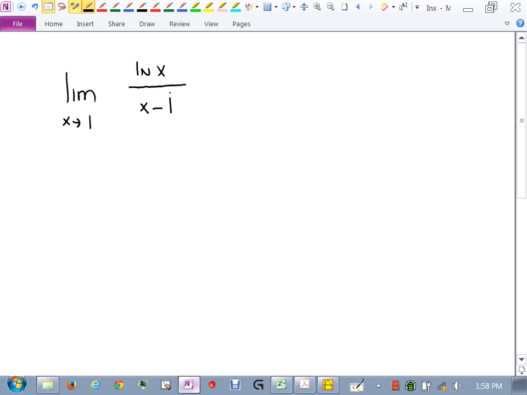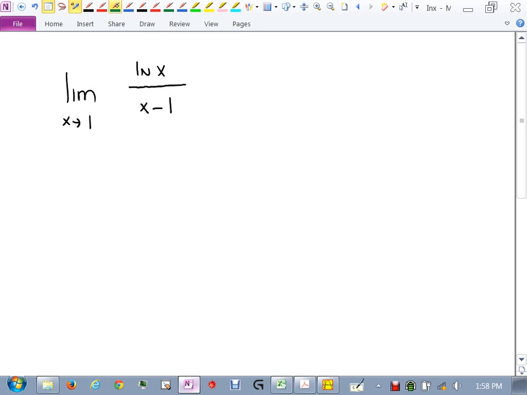Now, there's nothing you would be able to do with this at all without L'Hopital's rule. You wouldn't be able to handle this because there's no algebraic way to figure it out. There's no factoring, no conjugate; you'd just be stuck.